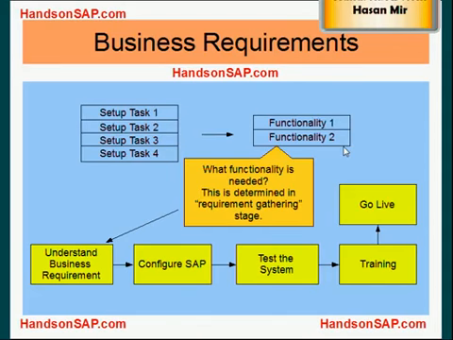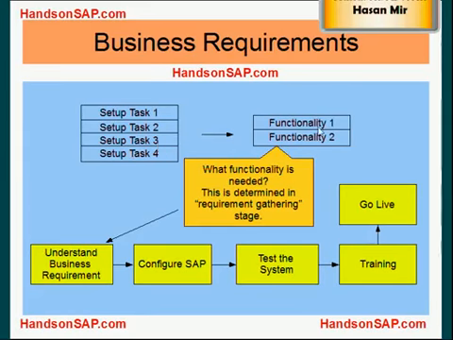Okay, it could be a report, it could be a screen, or it could be a behavior of a certain screen in a certain way, or it could be a program that needs to be run in a certain way. For example, transfer of transaction from one module to the other. That's also an example of a functionality. So you have the target functionality in mind. So in order to achieve those target functionalities, you would perform certain setup tasks on the setup screens.